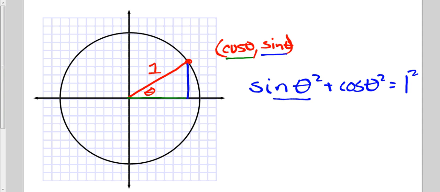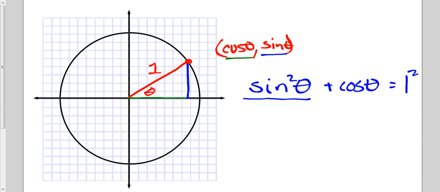This expression right here says take theta, square it, and then take the sine of that. I don't want to do that. I want to take theta, take the sine of theta, and then square what I get there. So we write our squareds right here. Okay?